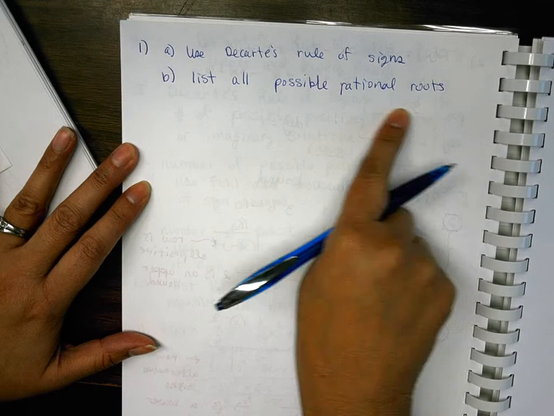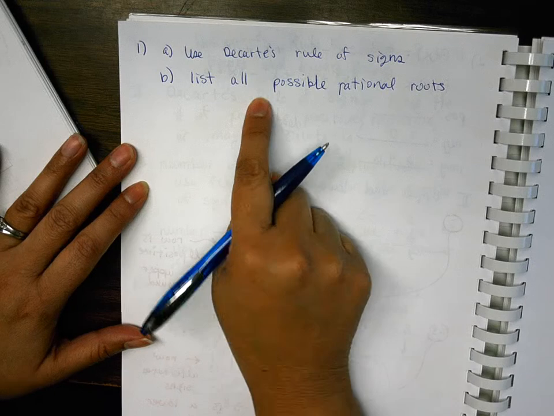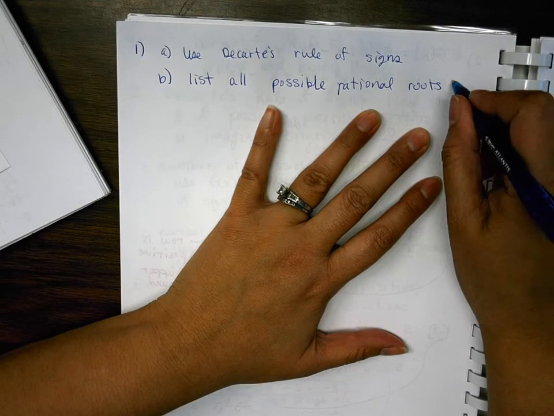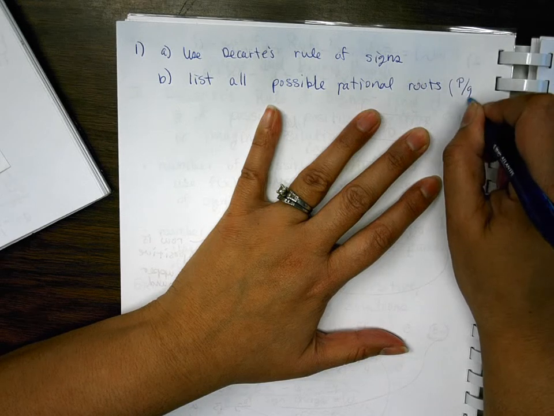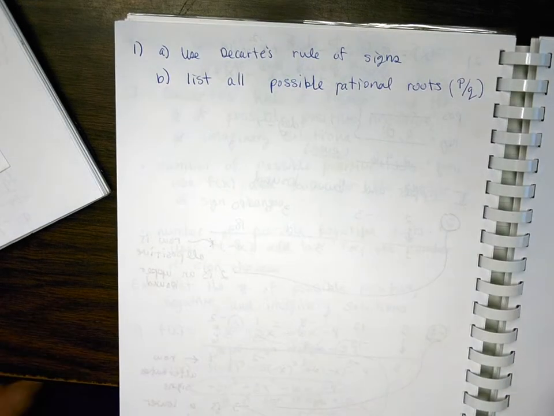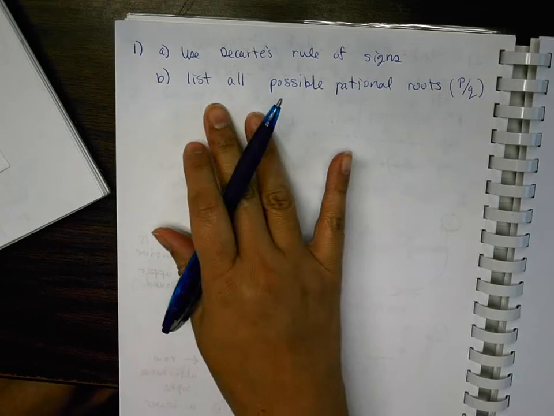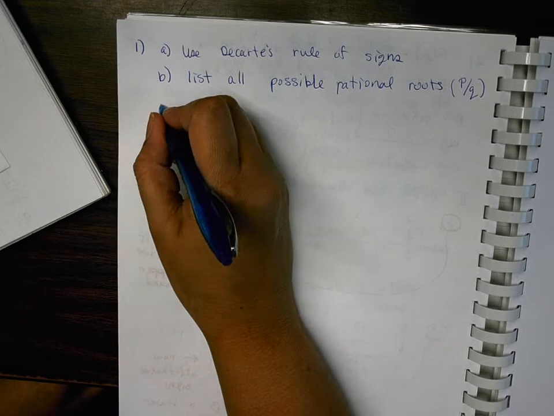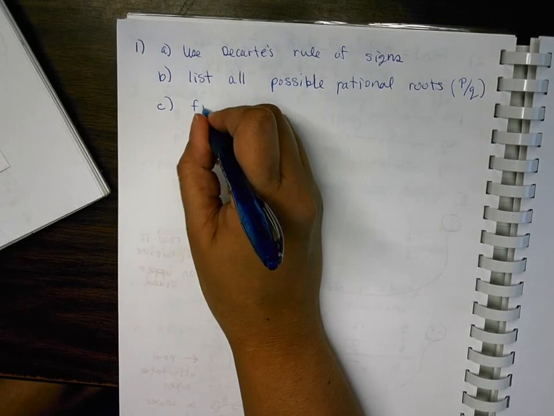So I just want to remind you, when you see this on homework or a quiz or a test, list all possible rational roots, that's asking you for what over what. Do you remember the 2 letters we used? P over Q. All right, so make a little mental note because it will not give you that hint of, hey, remember it's P over Q. All possible rational roots, P over Q.